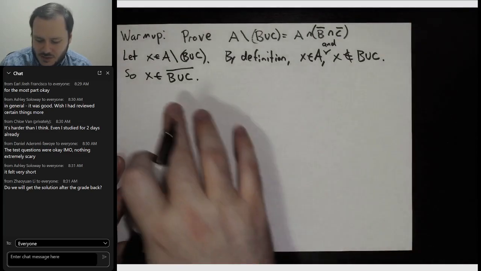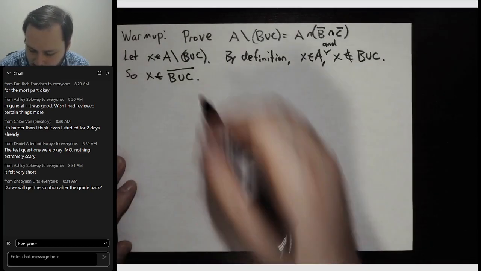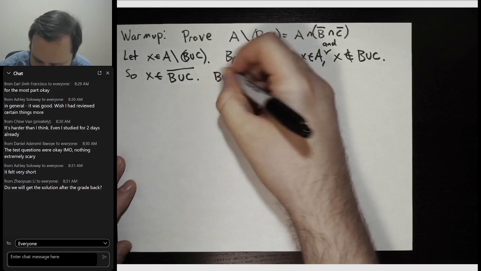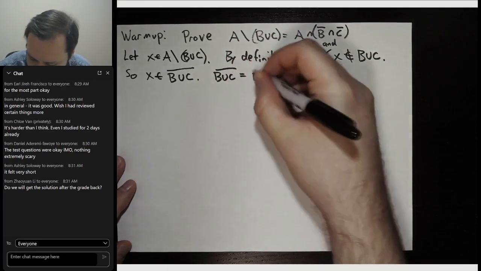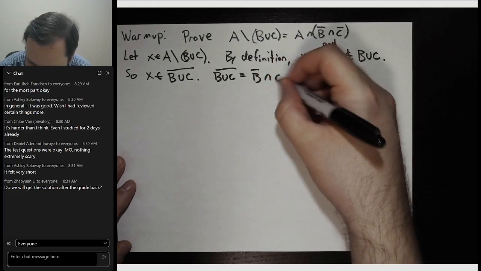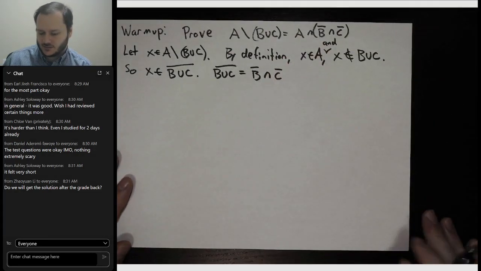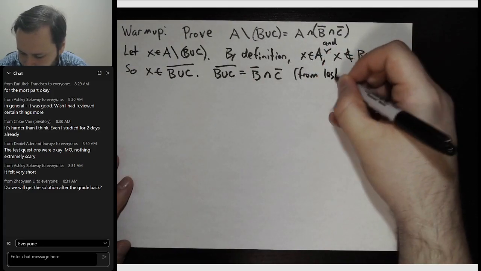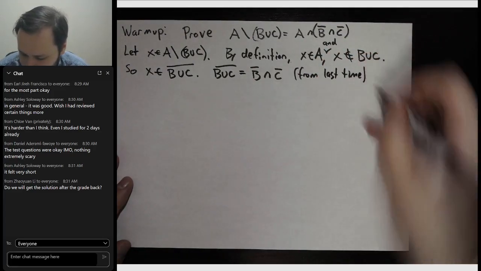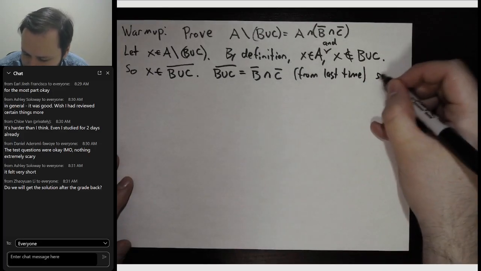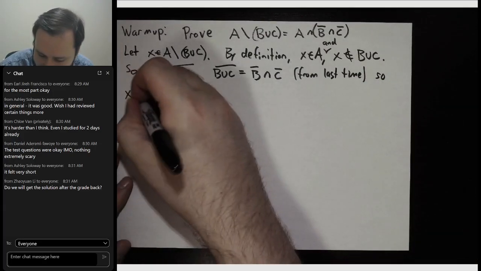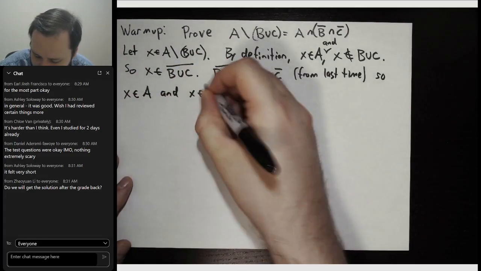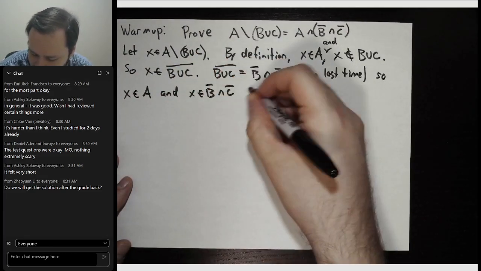And last time we saw B union C complement was the same as B complement intersect C complement. This is from last time. So x is in A and x is in B complement intersect C complement.